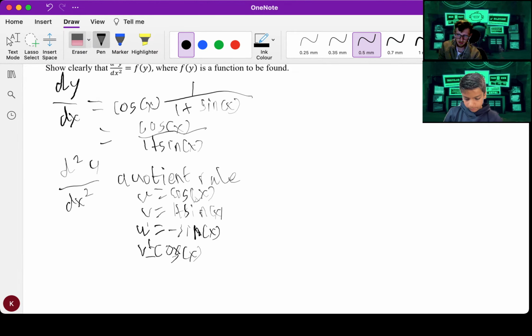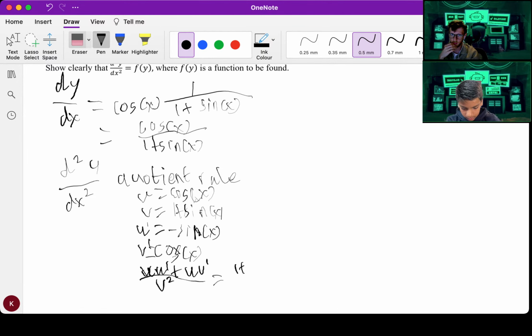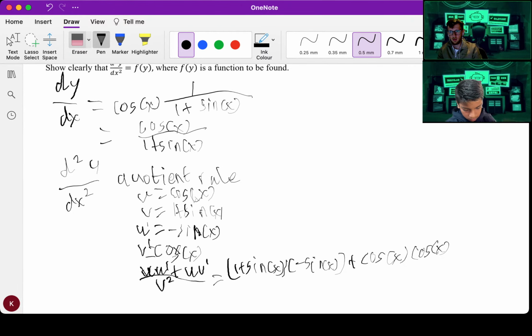Excellent. Then it's v times the derivative of u plus u times the derivative of v divided by v squared, and that is 1 plus sine x times minus sine x plus cos x times by cos x, divided by 1 plus sine x.